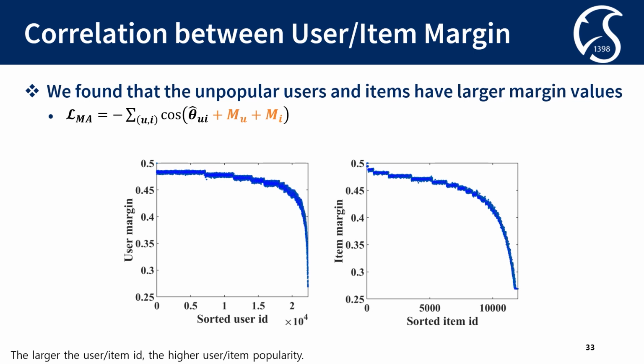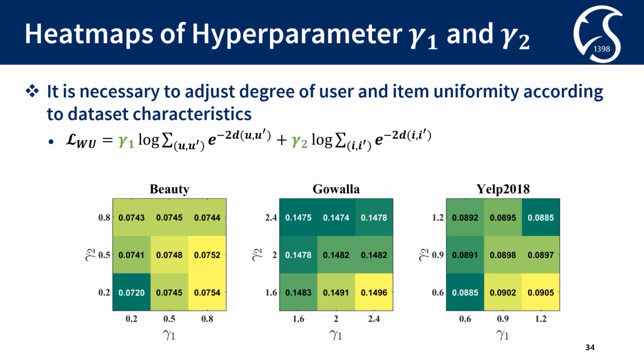The figures show the results of a greedy search for gamma 1 and gamma 2 of the WU on 3 datasets. Lighter colors indicate higher performance in terms of NDCG at 20. We found 2 intriguing observations. First, the performance distribution varies across datasets.